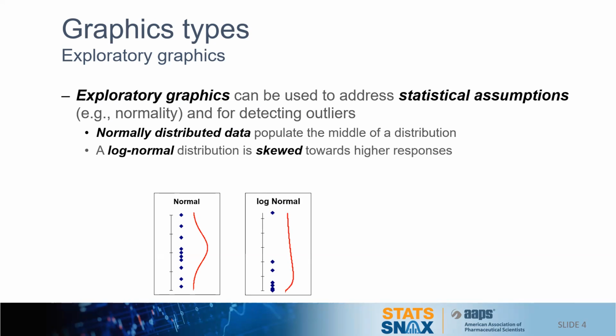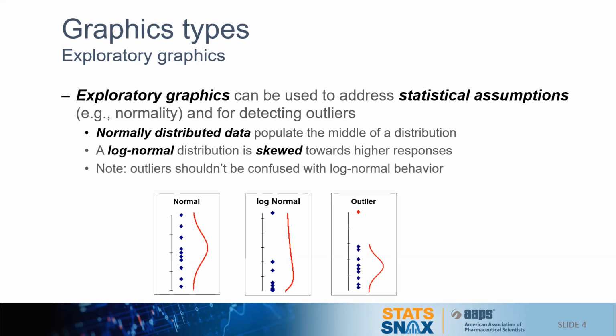However, a lot of biopharmaceutical practices, particularly bioassay, generate what are called log normal distributions, which are skewed towards higher responses. Now, a problem with this is that this can often be confused with an outlier.